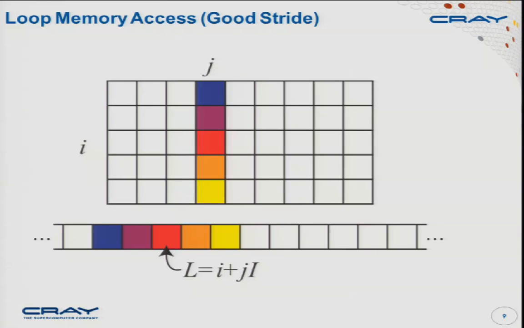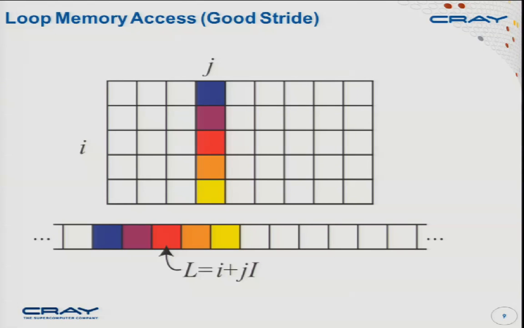Any time you access 1 word, it's actually moving 8 words into the cache line. If you only use one of those 8, you're throwing away 7/8 of your bandwidth. So you really want to use all 8 of those. There are lots of ways to do that, but in HPC, one of the easiest ways is to make sure that your innermost loop is stride 1.